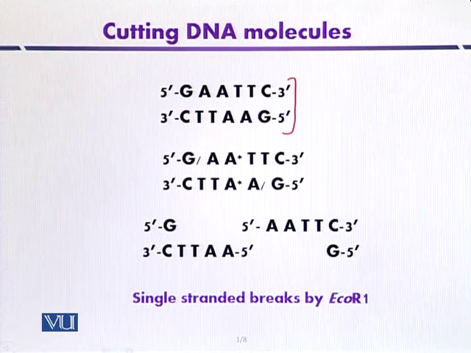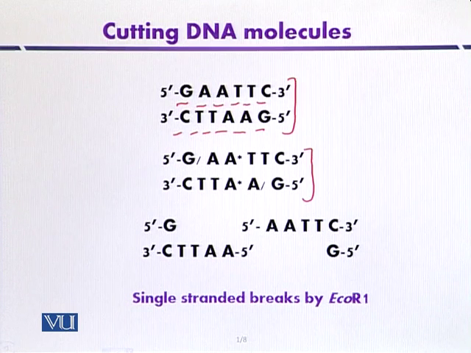So here, GAATTC, it is read from 5' to 3' in one direction, and it reads the same from the other direction, that is GAATTC. Such sequences are called palindromes.